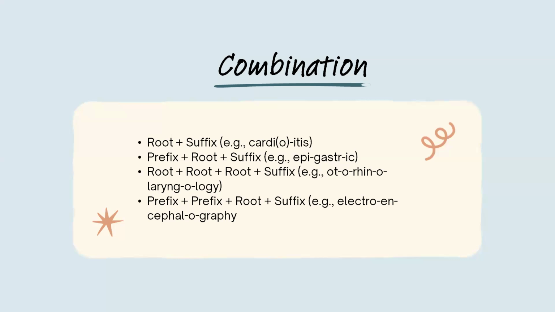And the next is prefix plus root plus suffix. Example is epigastric. Third one is root plus root plus suffix, like otorhinolaryngology. And the last one is prefix plus root plus root plus suffix. For example, electroencephalography.